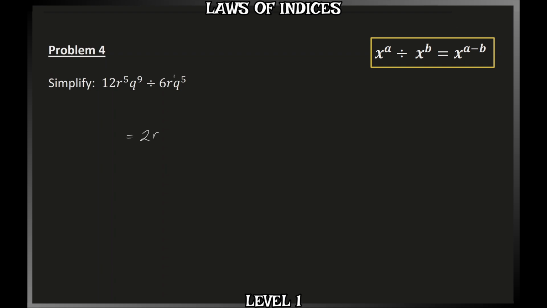So this becomes r to the power of 5 minus 1, using our law. Q to the power of 9 divided by q to the power of 5 becomes q to the power of 9 minus 5. If we now simplify, we get 2r to the power of 5 minus 1, which is 4, and q to the power of 9 minus 5, which is also 4. And that's our final answer for problem 4.